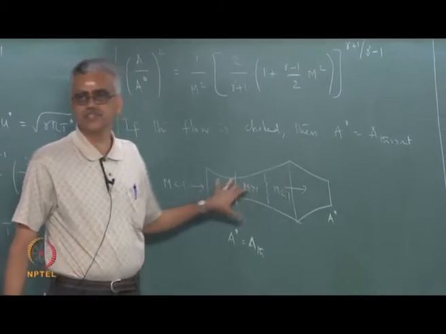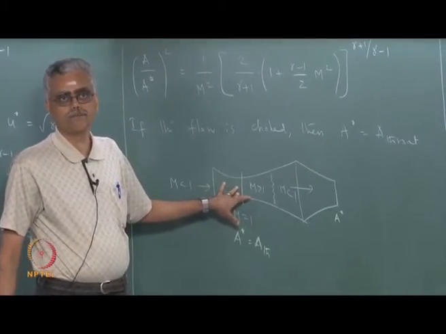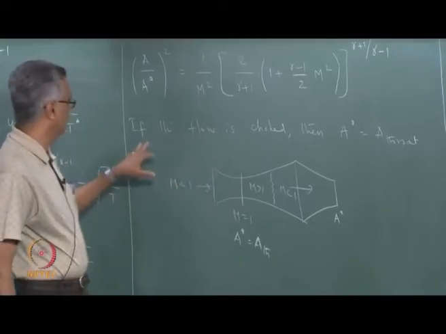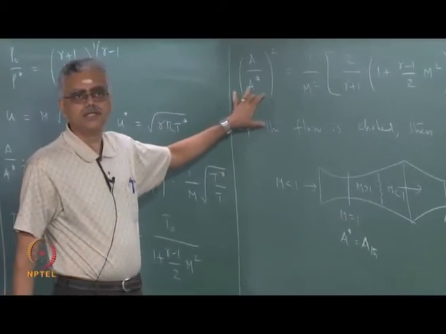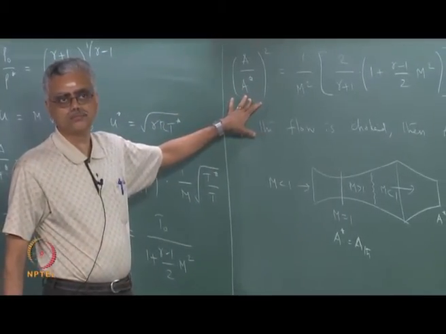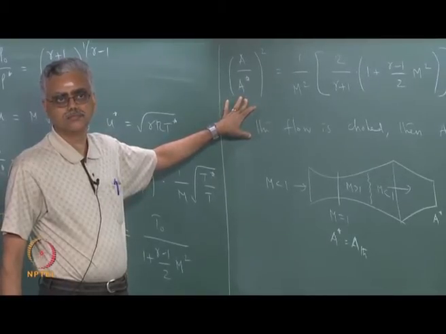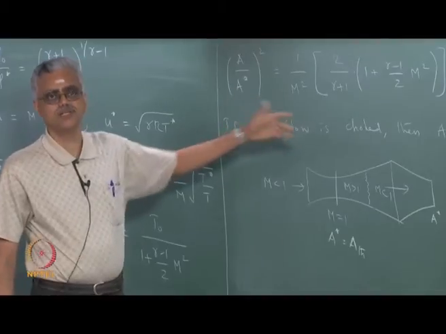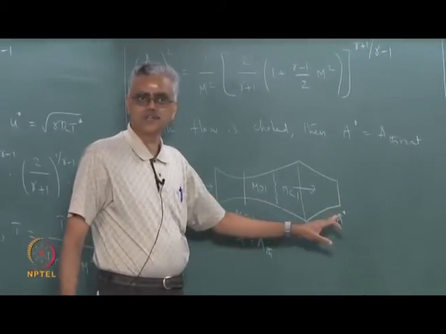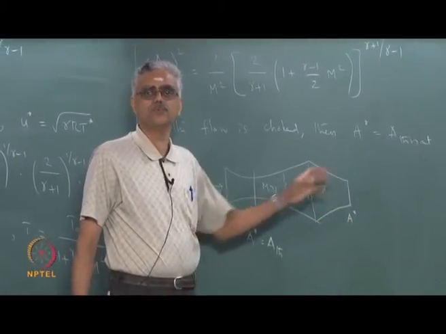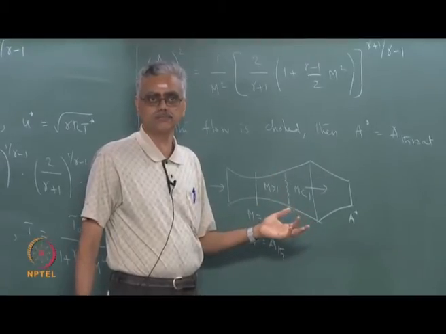In fact, this will not be the same as this. Okay, that is what I meant when I said A star need not be equal to A throat. Different parts of the flow field can have different A stars. Although there is only a single throat, different parts can have different A stars.